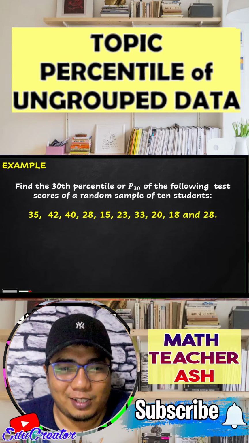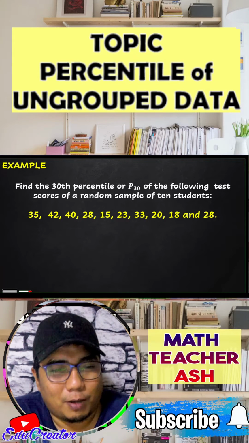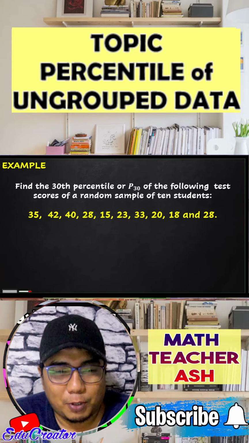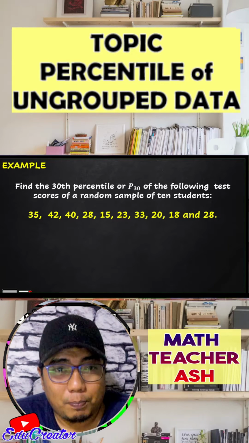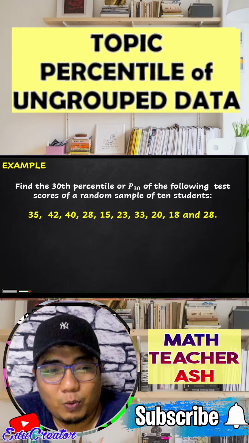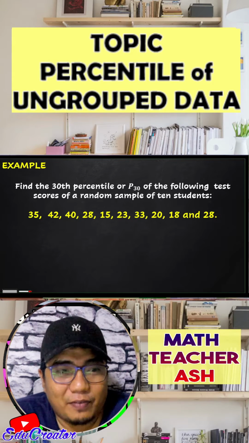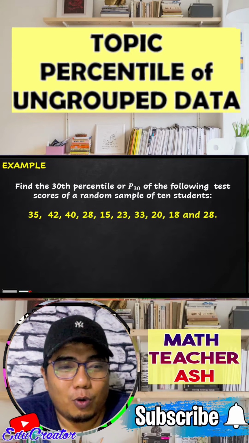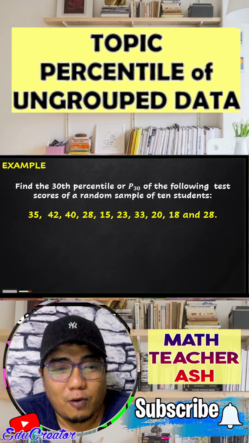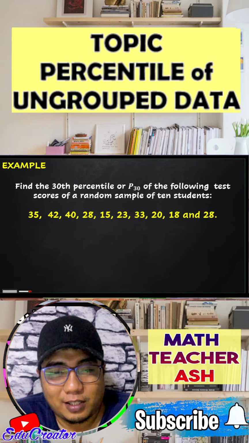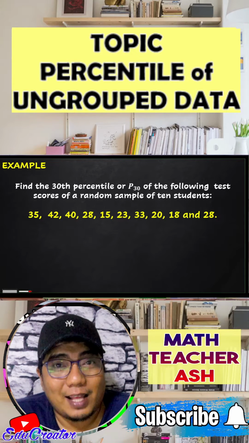Now, let us continue. We have here our problem. Find the 30th percentile, or P of 30, of the following test scores of a random sample of 10 students: 35, 42, 40, 28, 15, 23, 33, 20, 18, and 28.